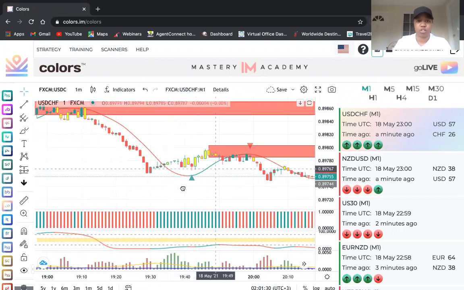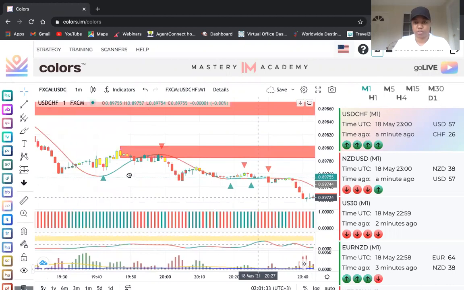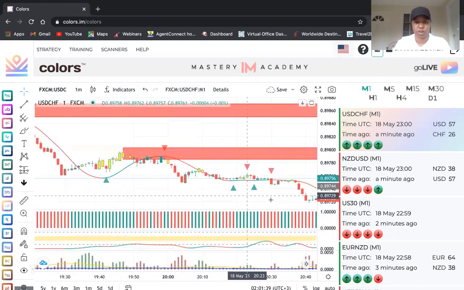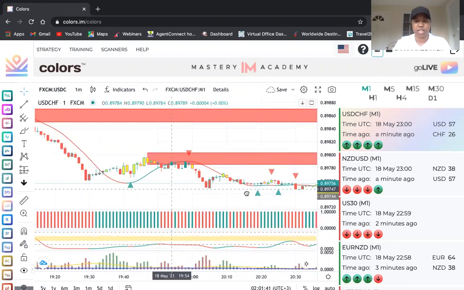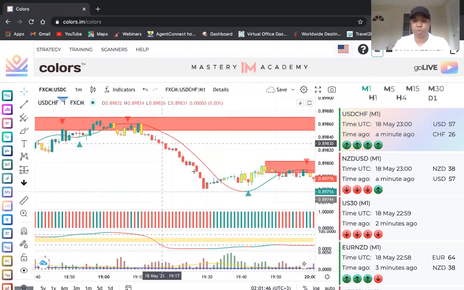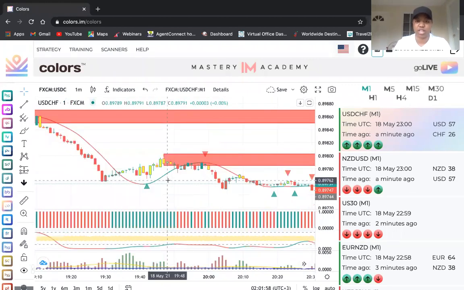But I will show you how it works if we have any. So something broke a structure, why that green box disappeared just now, right? So that's the next thing, guys. You might be in a trade, right? Especially for a sell, and the green box disappears, which means it's broken that structure or it's retested that structure a number of times. That's why it ended up disappearing like what it just did.